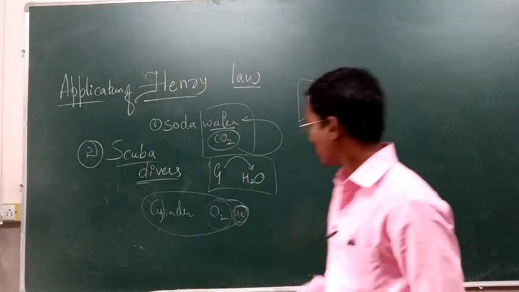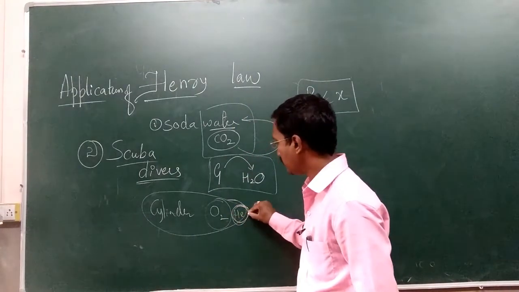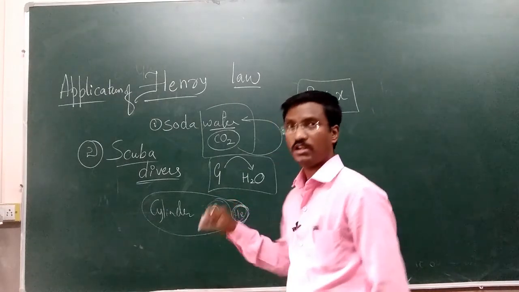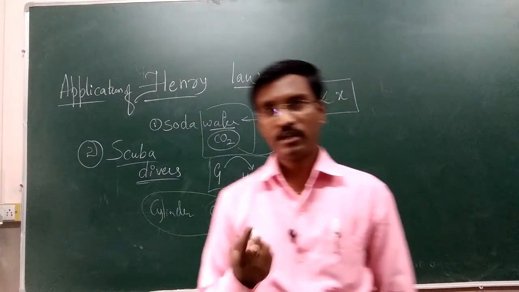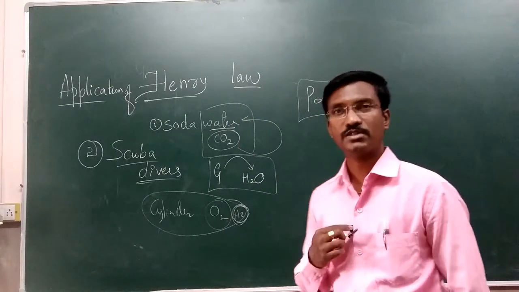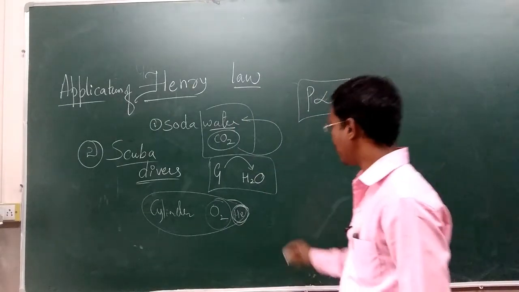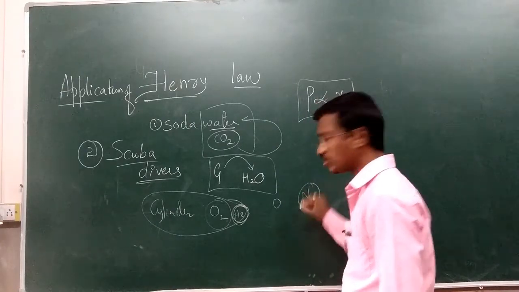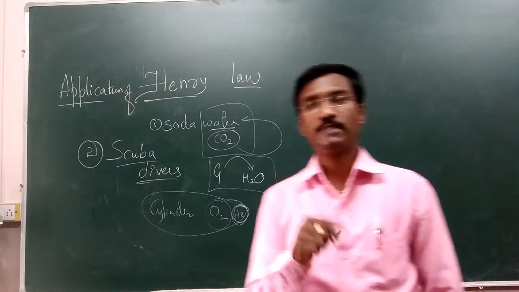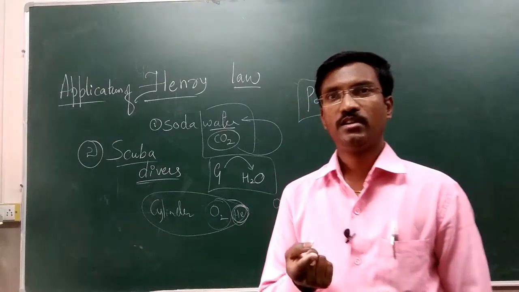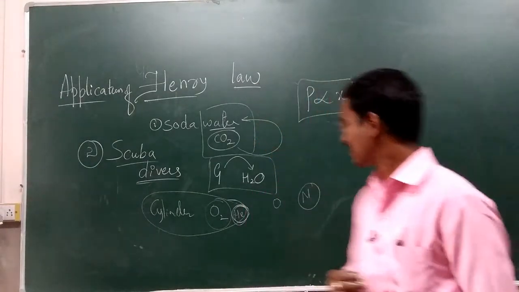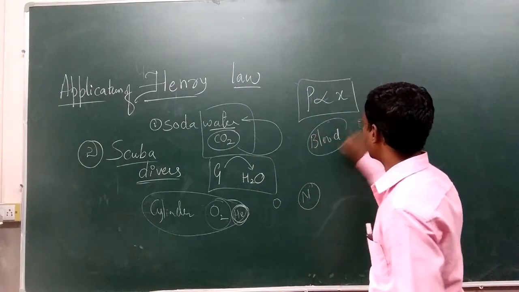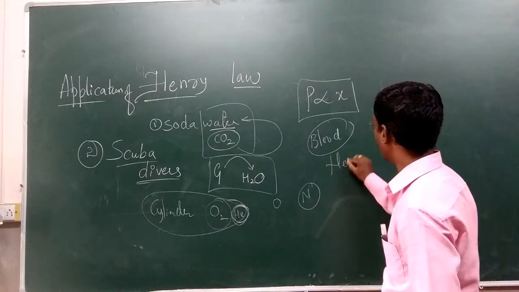Because they do not want the oxygen to dissolve directly with the nitrogen. While we are taking oxygen into our body by breathing, that oxygen should not react with the nitrogen, whereas nitrogen is present in our blood, the blood containing hemoglobin. Students may get confused, so don't worry, in our human body blood is there, the blood containing the hemoglobin.